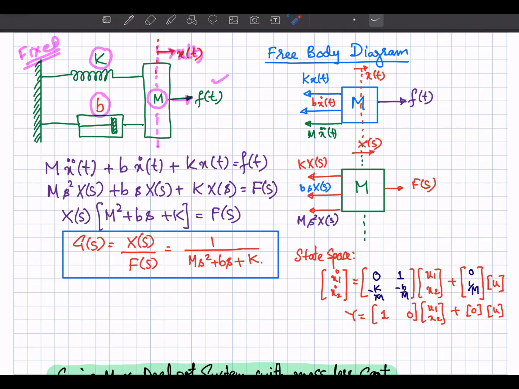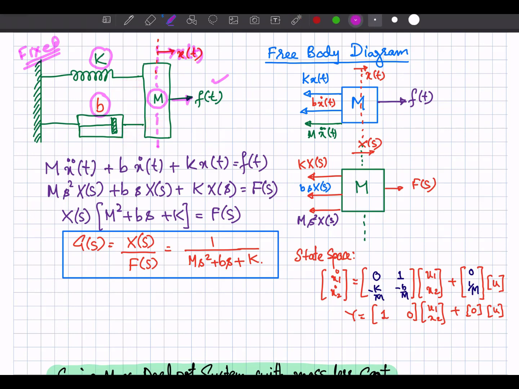So this is the free body diagram which indicates all the forces which are acting over a body. So whenever you apply this force, there will be the resistive force, resistance because of this mass, resistance because of this damper, and spring, and this is the damper.